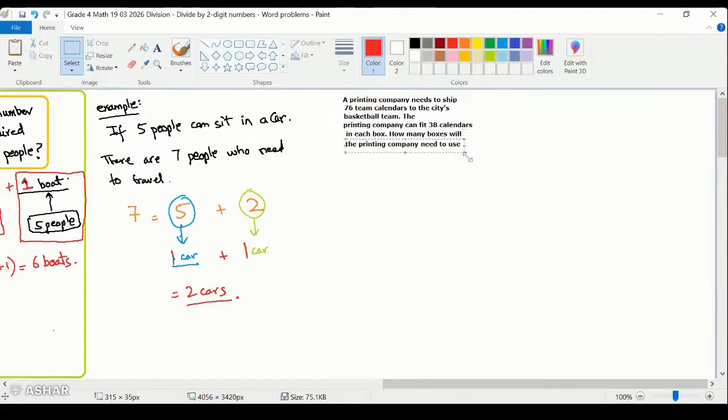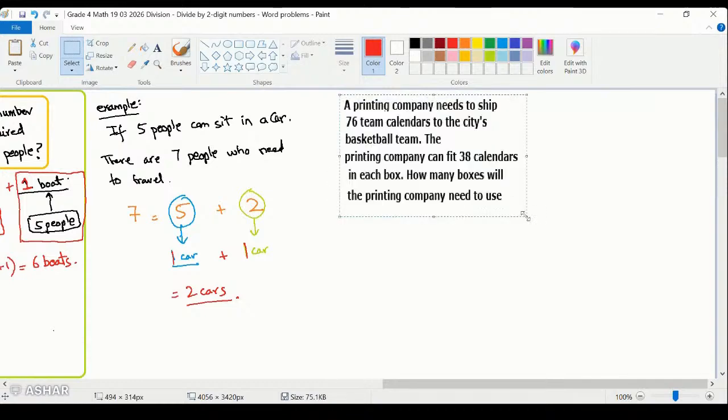Just a moment, please. I'll realign this. Okay. Question number 4 has this information given to us. 76 calendars are to be shipped. The printing company can fit 38 calendars in each box. If 38 can fit in each box, how many boxes will they need to use?